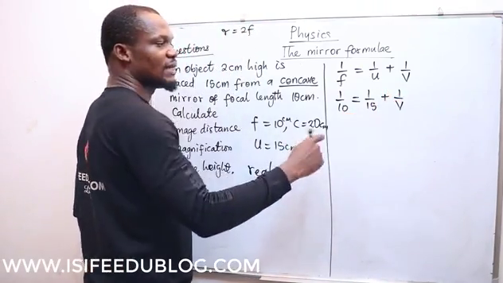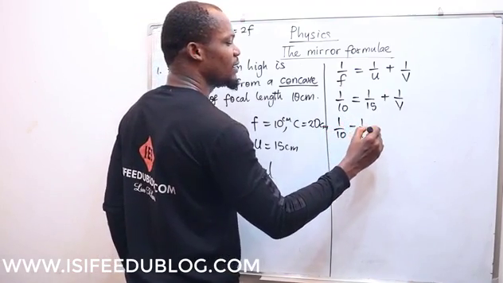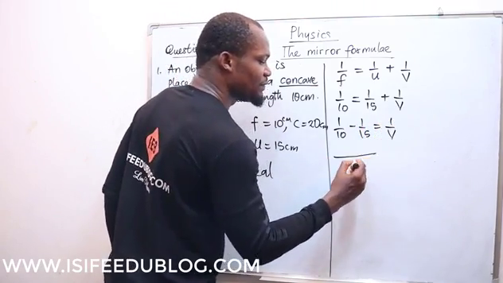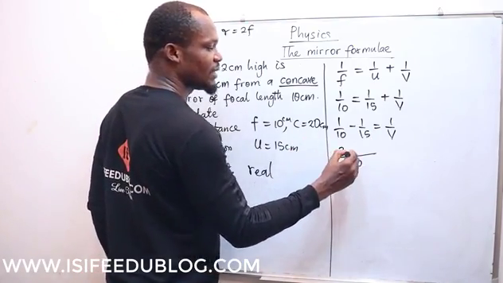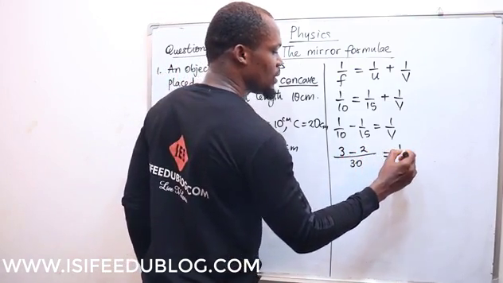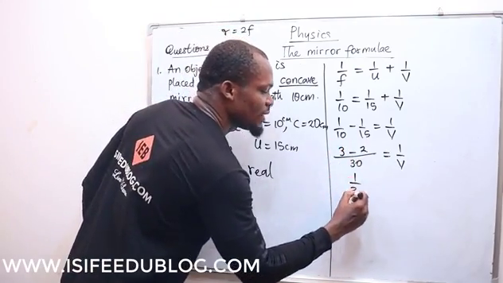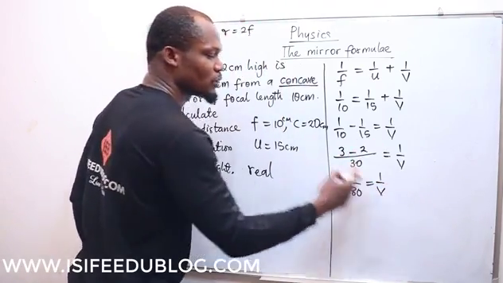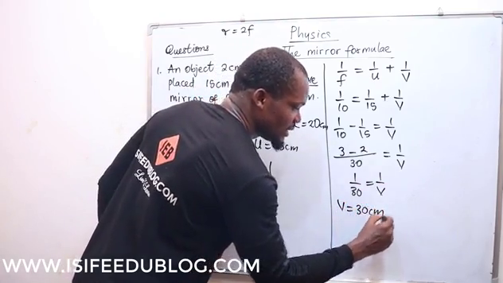We collect like terms. This gives me 1 over 10 minus 1 over 15 equals 1 over V. The LCM of 10 and 15 is 30. 10 goes into 30, 3, minus 15 goes into 30, 2, and this is 1 over V. 3 minus 2 gives us 1 over 30 equals 1 over V. When we cross multiply, V is 30 cm.